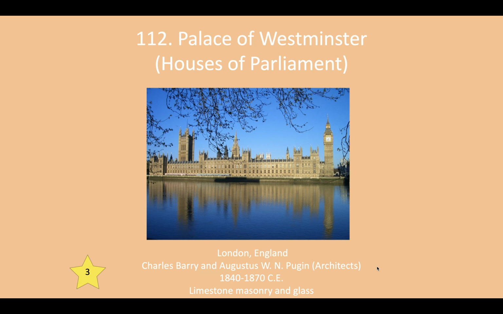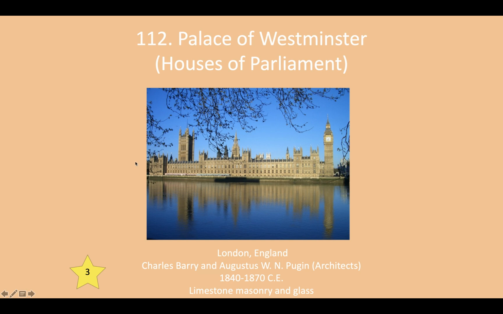You're looking at the Palace of Westminster, which is not actually really a palace. It is the Houses of Parliament in England. It is a huge complex. This is what is called Elizabeth Tower, and the bell inside Elizabeth Tower, as you may or may not know, is called Big Ben.